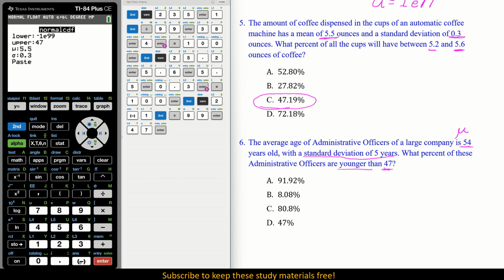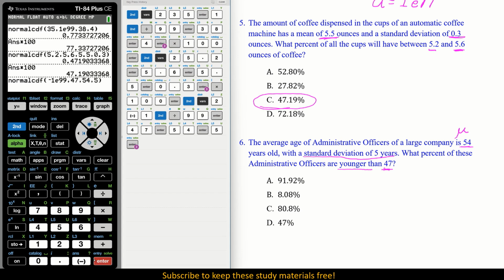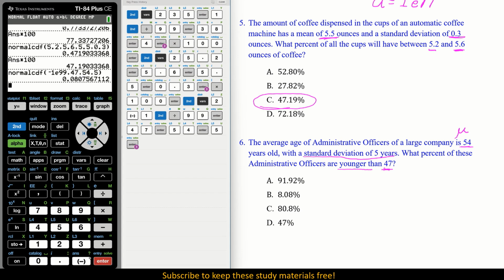Now, what we have here is 47. Enter. Our mean is 54. And then the standard deviation is the 5 years. Enter, enter, enter again. I want to make a point that after you enter everything, it gives you all the information. Every time we've done this, it tells us what we used was the normal CDF, okay?